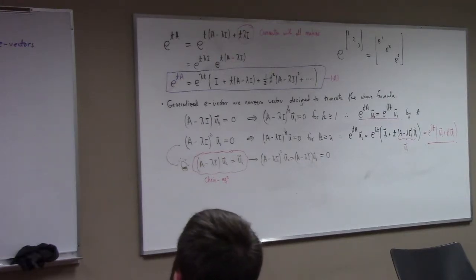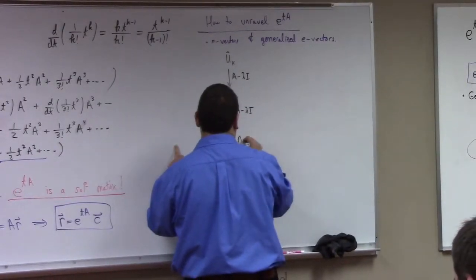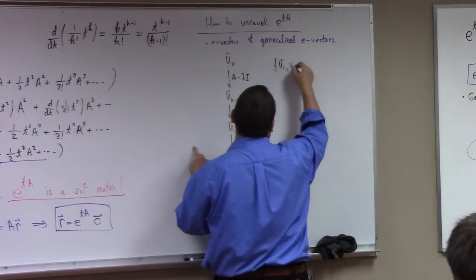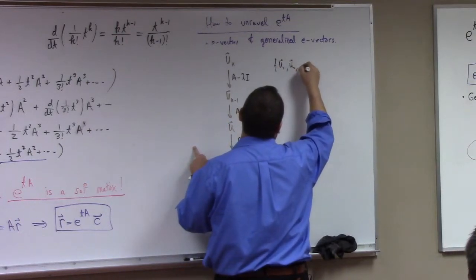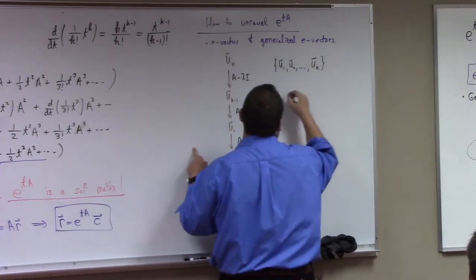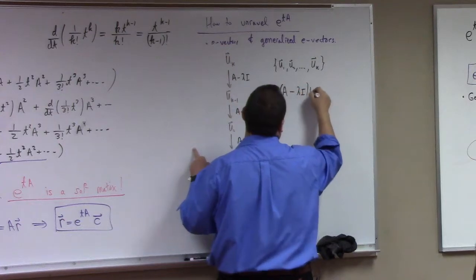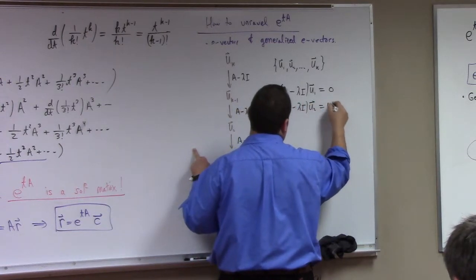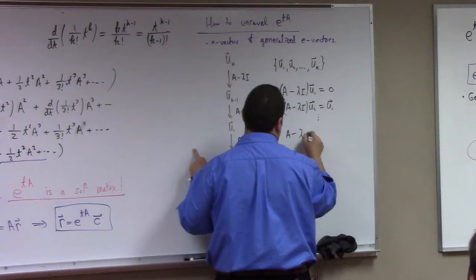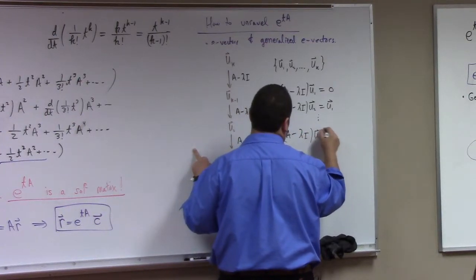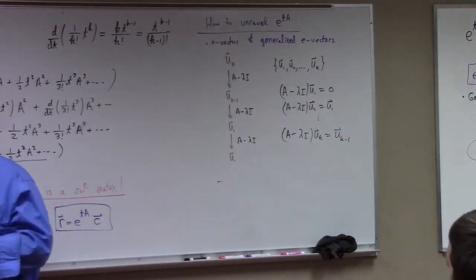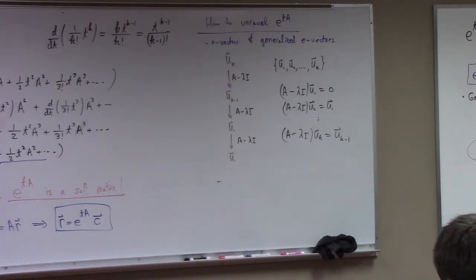Each time in this chain, I'm multiplying by A minus lambda I. I'm writing them from 1 to k, but the point here is that A minus lambda I times u1 equals 0, A minus lambda I times u2 equals u1, and so on, A minus lambda I times the kth one equals the k minus 1th one, right? If you have a chain of generalized eigenvectors like this, it makes the kth one a generalized eigenvector of order k.